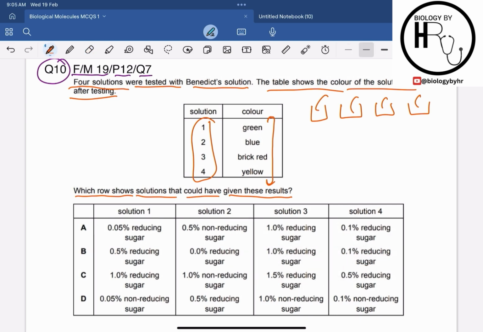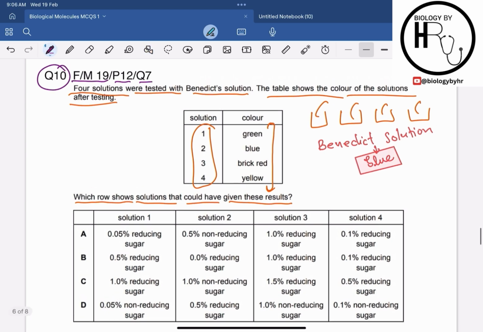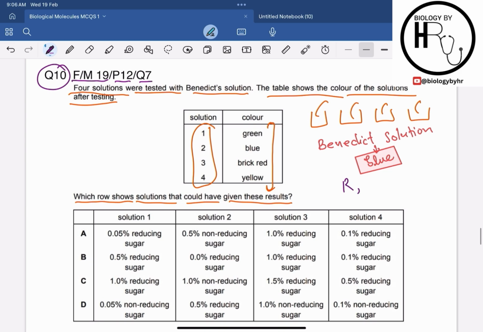Obviously we know that Benedict solution is originally blue in color, right? We know this already from our lectures. And then whenever the color change happens, it happens to be red, orange, yellow or green.